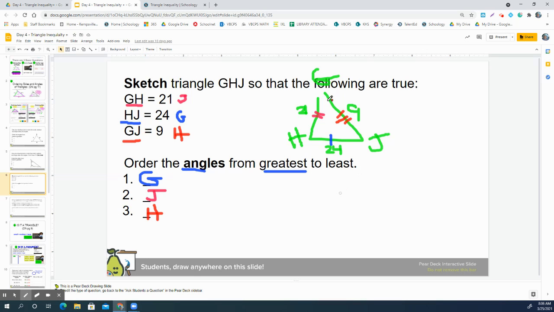Okay. Notice that in a scalene triangle, when I put congruent marks in there, I'm doing 1 and then 2 and then 3. If you put the same number of tick marks, then it's going to mean that they're congruent, and these are not congruent.